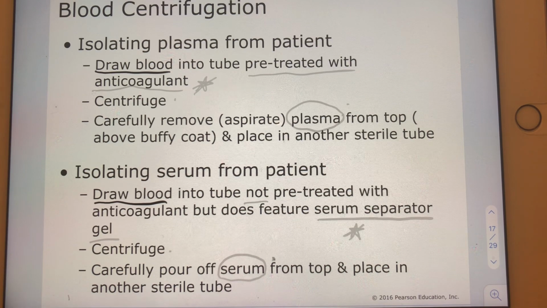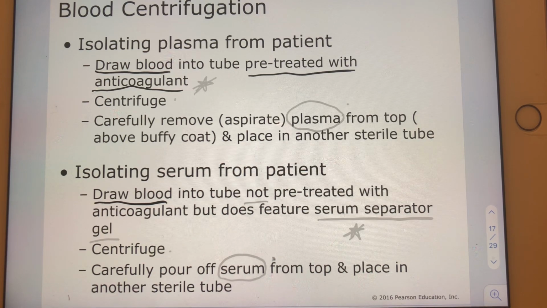The key difference, though, is that when we isolate plasma from a patient's blood draw, we're drawing blood into a test tube that's already got anticoagulant in it, okay?